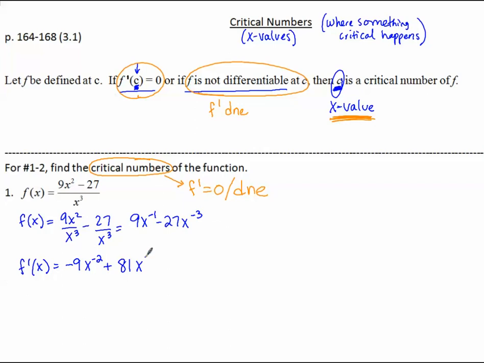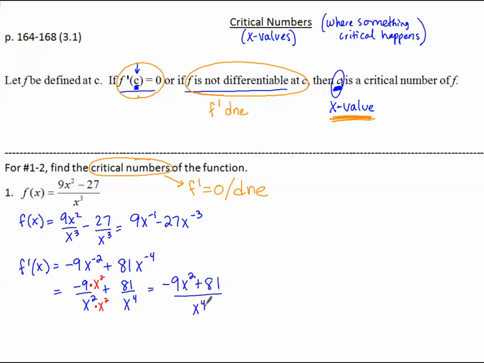Subtract 1 from the exponent, negative 4. Now I rewrite it: negative 9 over x squared plus 81 over x to the 4th, and usually it's easier if I get a common denominator. So I'm going to say times x squared, so my derivative is negative 9x squared plus 81 over x to the 4th.